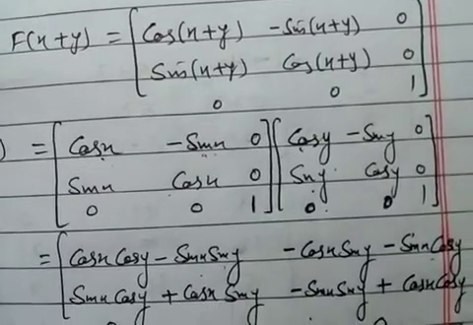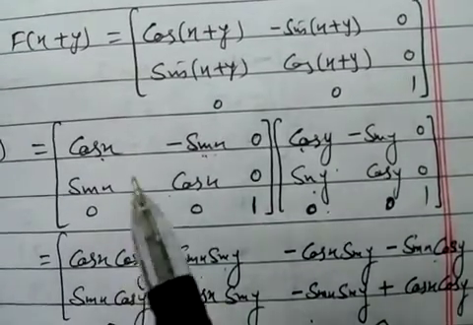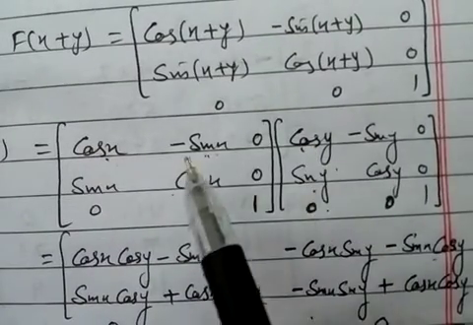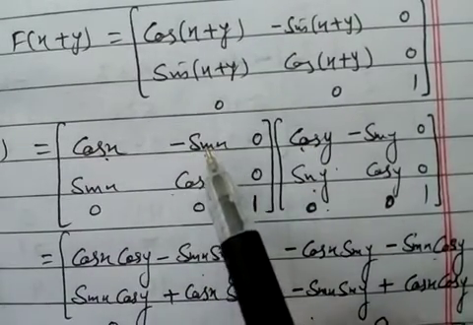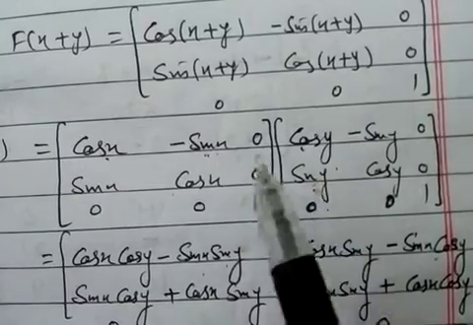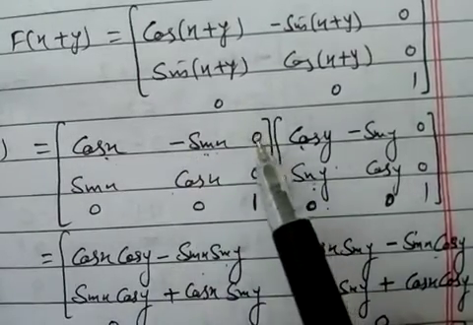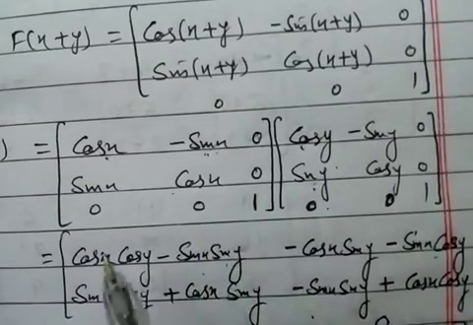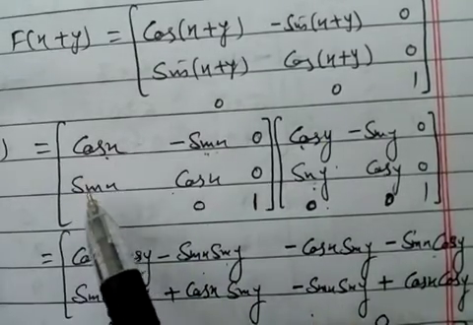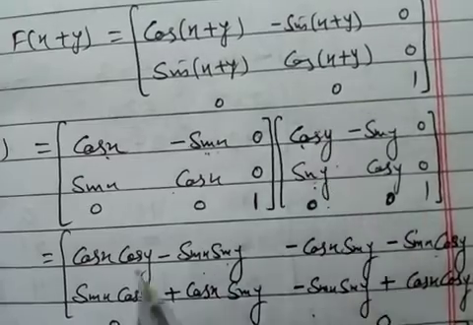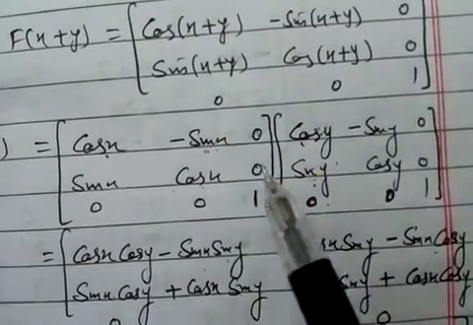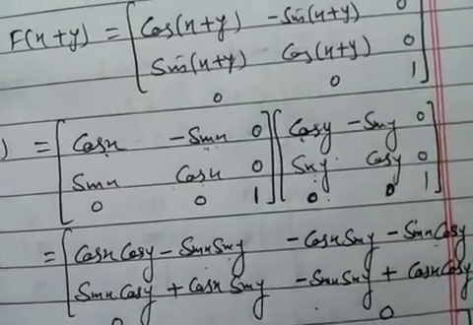Similarly, cos x multiplied by this cos y plus sin x into sin y, so plus into minus equals minus. 0 multiplied by cos, so we remove the 0. Again, sin x multiplied by cos y, sin x cos y plus cos x sin y, and 0 into 0, no need to write the 0.